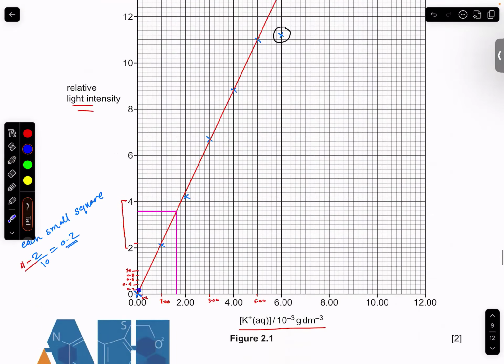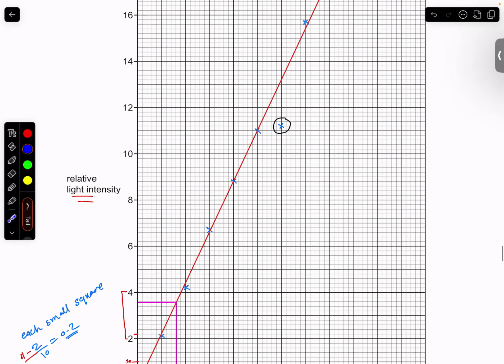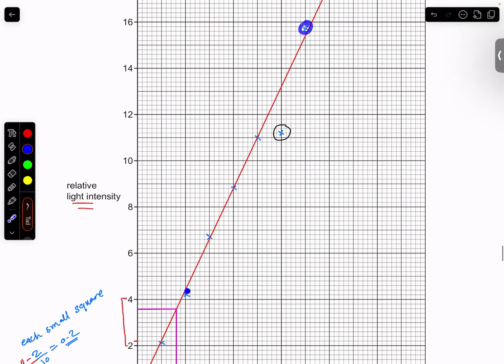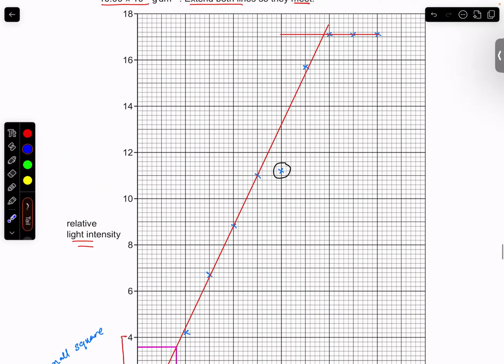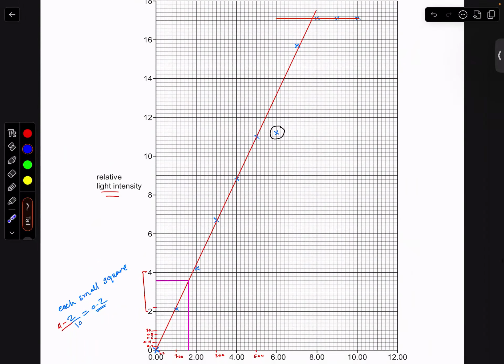But then if you notice that this point is on the graph, this point above the graph, and this point below the graph, the number of points above the graph and the number of points below the graph are almost equal. And the number of points on the graph, no problem. So this is how to draw the line of best fit. And since all of them are on the same line, the line of best fit is a straight line.